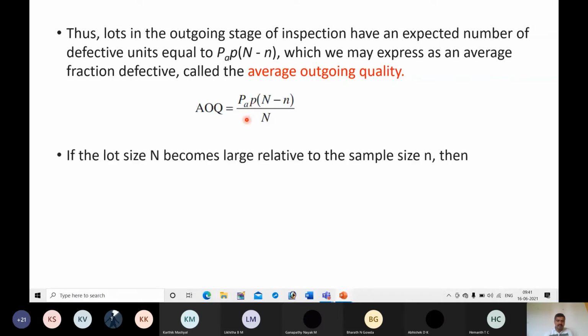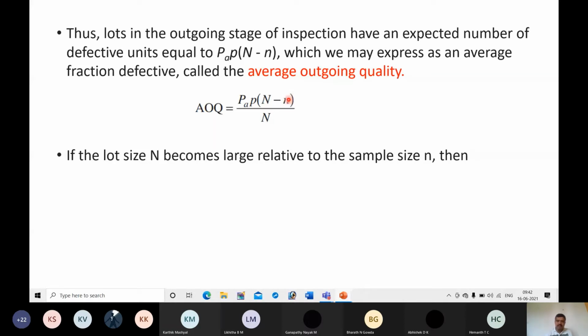If the lot size N becomes large relative to the sample size n, suppose N is very large compared to small n, you can neglect it in a few cases. Then this equation gets simplified. If the lot size N is too large when compared with n, we can neglect the small n, and then N gets cancelled.